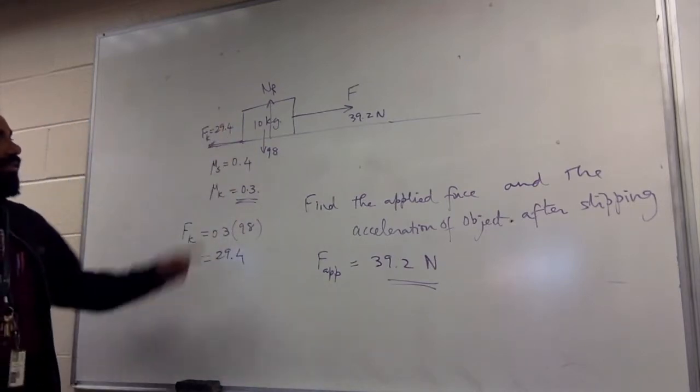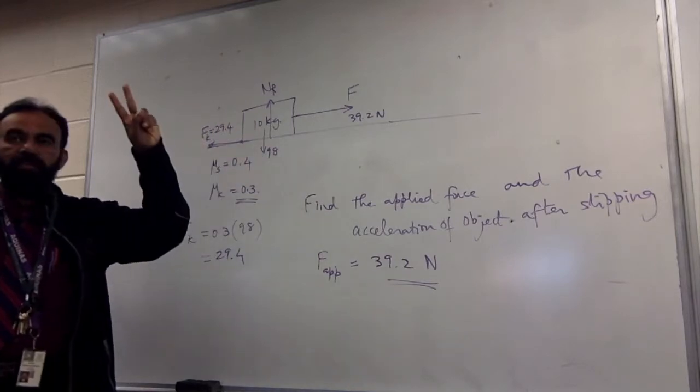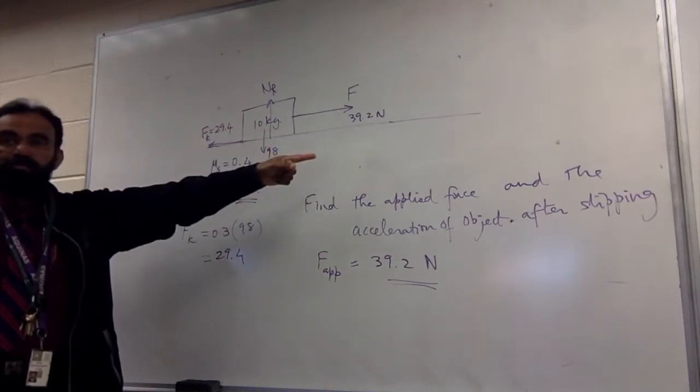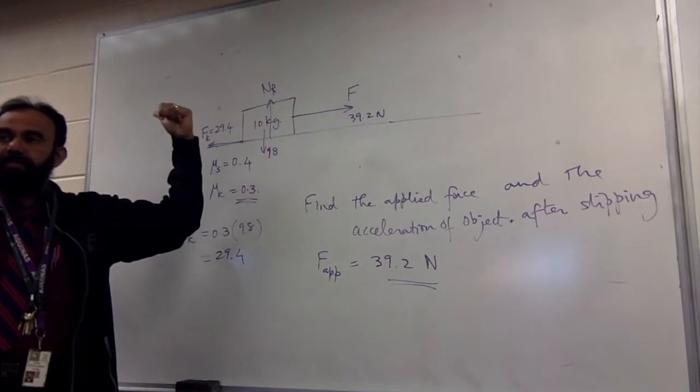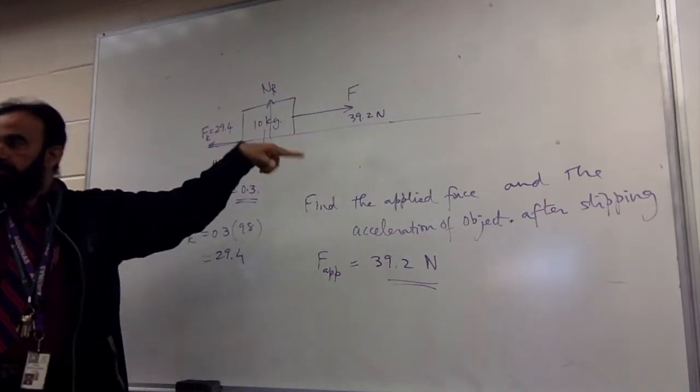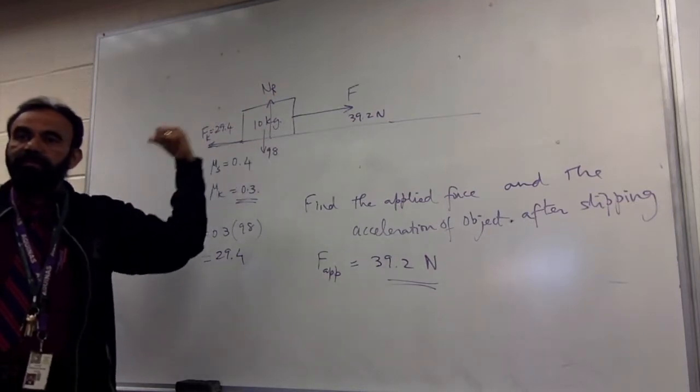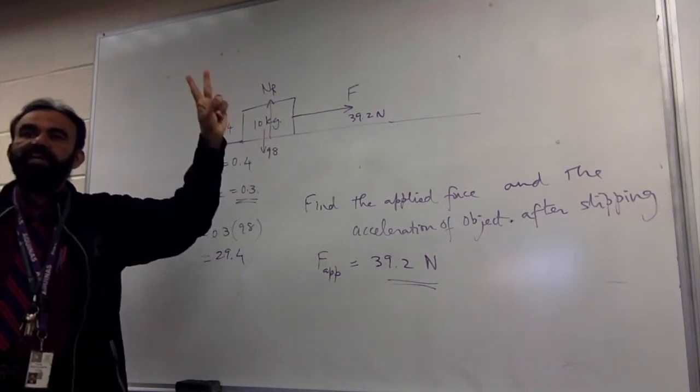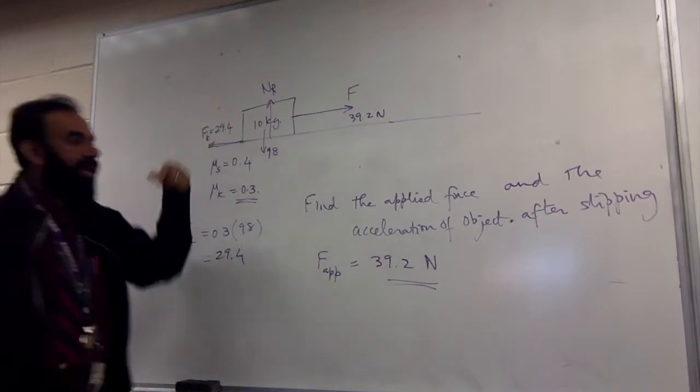Now you can see that this 10 kilogram object is being acted on by two forces. One is 39.2 forward, and there is a force of opposition of 29.4 backward. Are they balanced forces? And so which law is going to come in now? Second law. The net force is equal to ma.